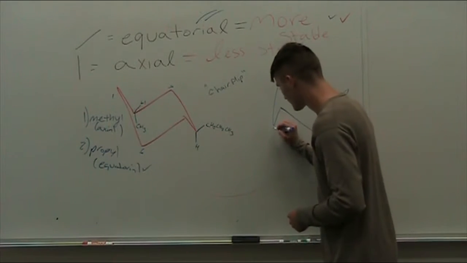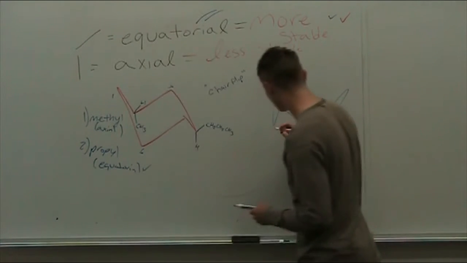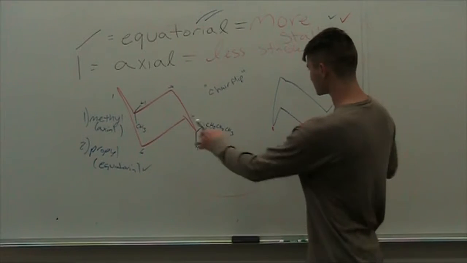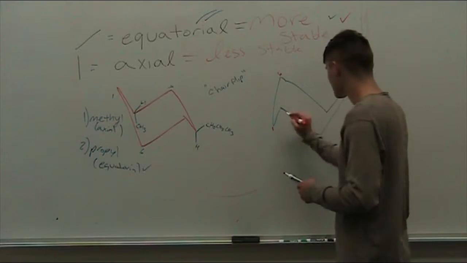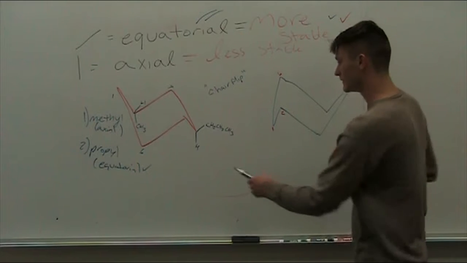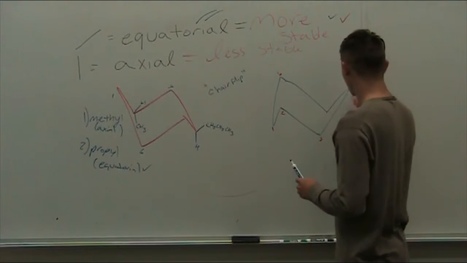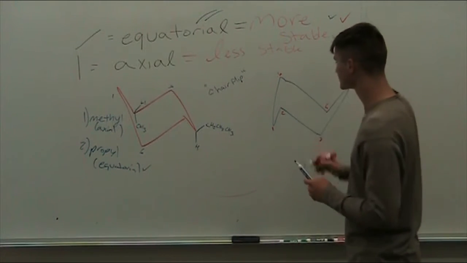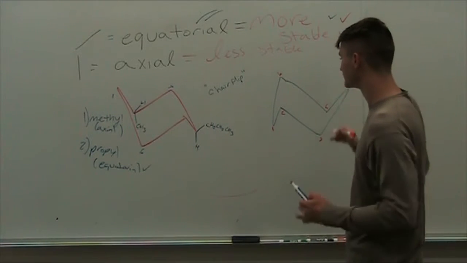This one will be our 1 carbon. This one would be the 6. That means this one's a 2. This one's a 3, 4, 5, 6. So you can keep them relatively positioned well.